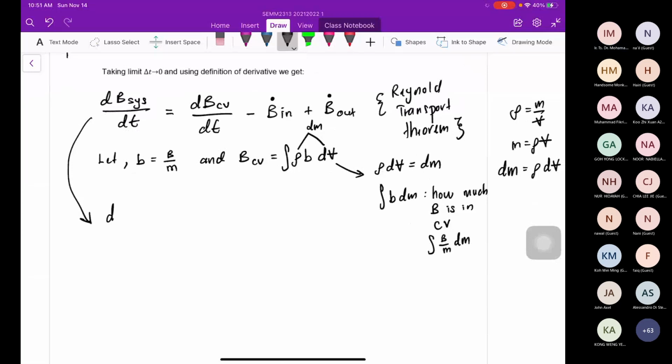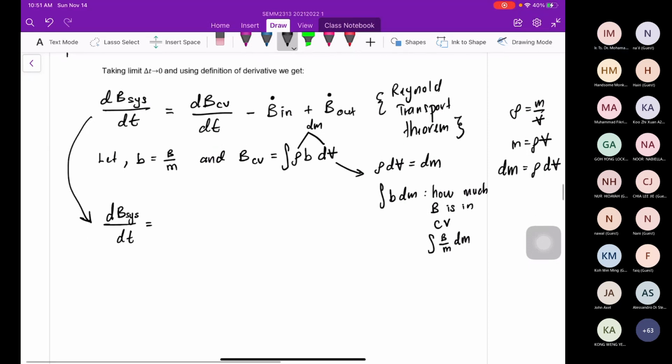d B of the system over dt equal to, alright, this is d over dt. Replace this one, dcv, with this one.